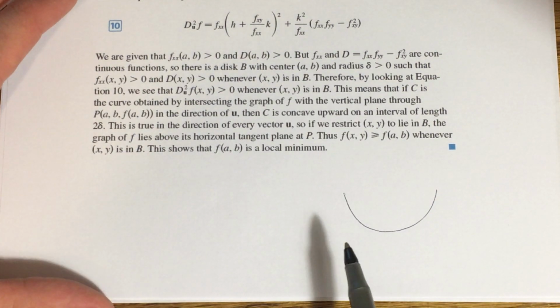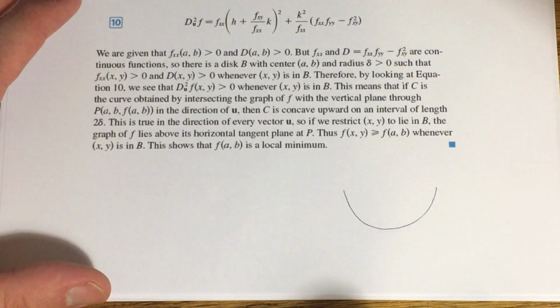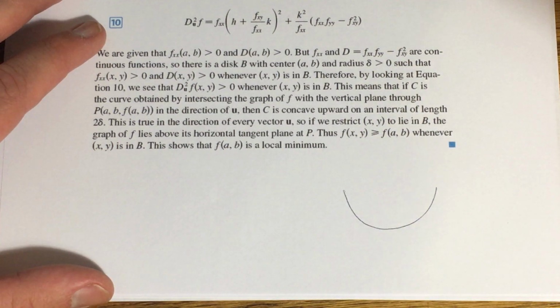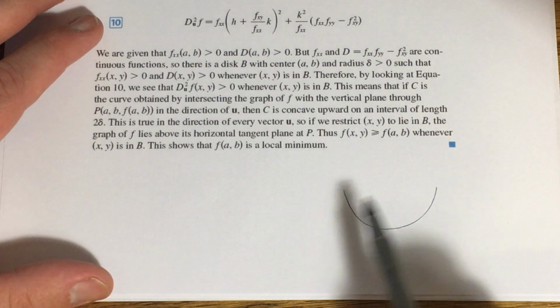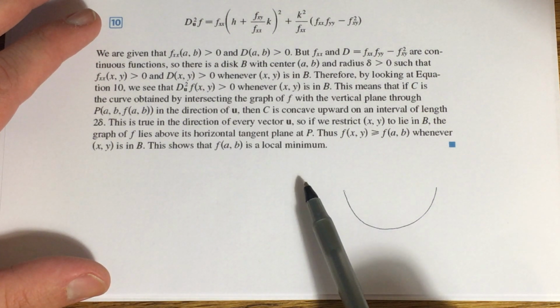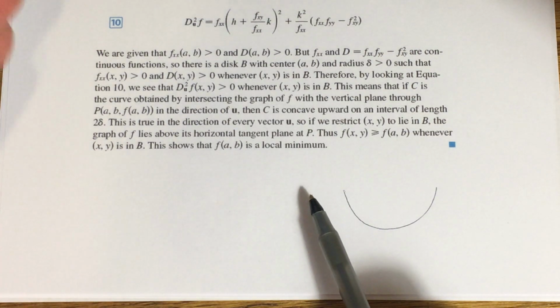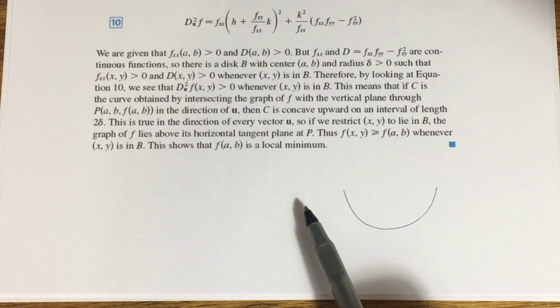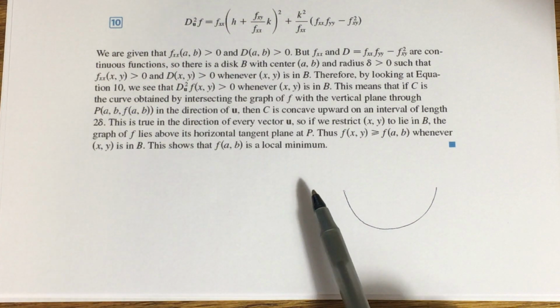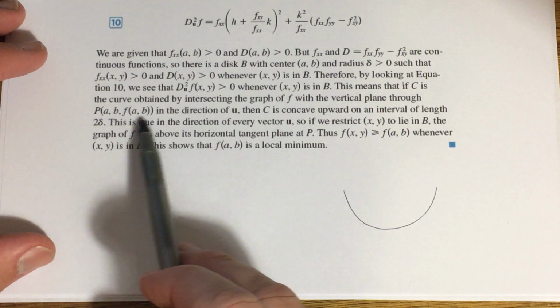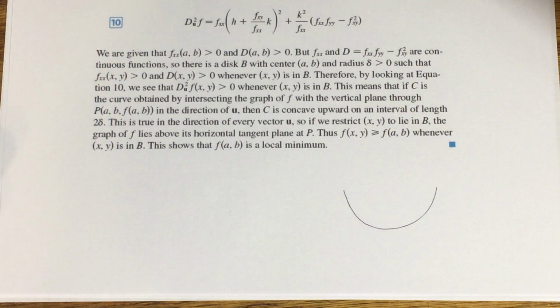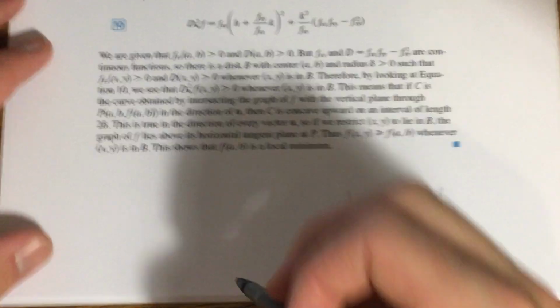We chose u arbitrarily, so that means u could point any direction. So what kind of a surface, rather, would have every single cross-section, every single plane that passes through the point (a,b), f of (a,b), be concave up everywhere?